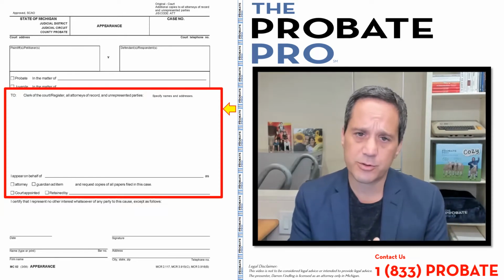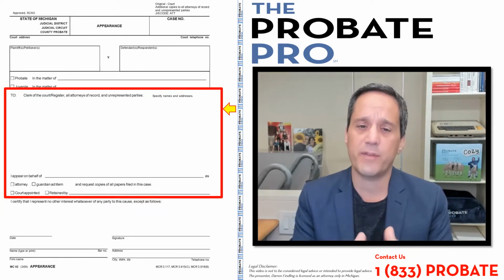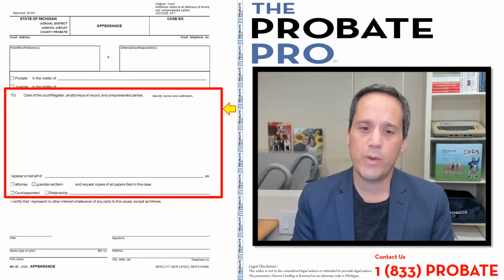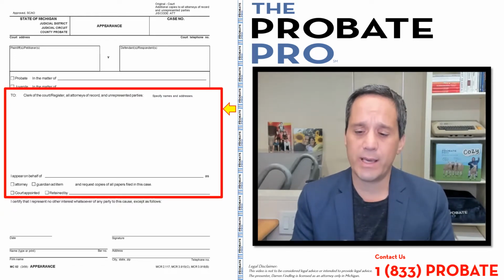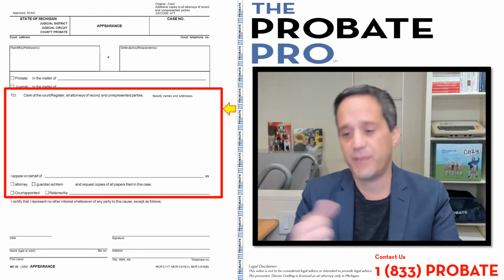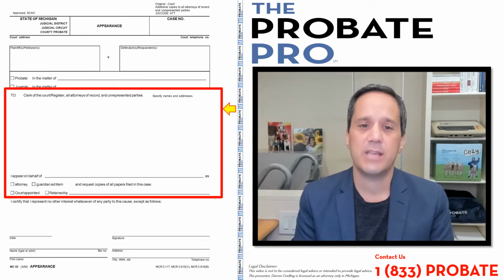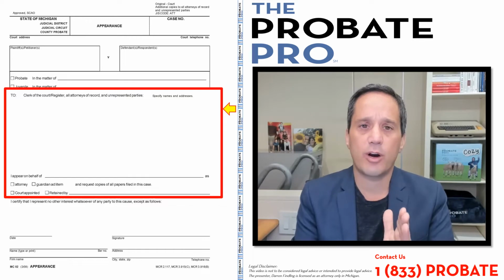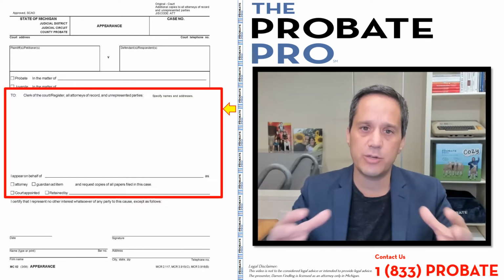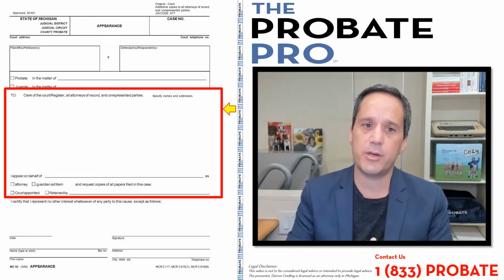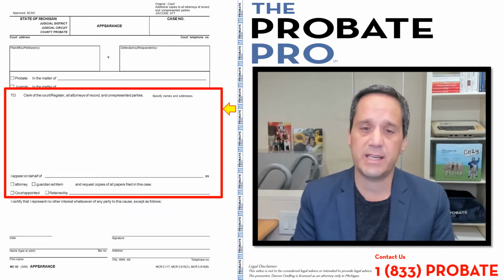So the idea is that there's a court rule here that identifies who are the interested parties within a cause of action. Now, in a civil case, it's the plaintiff and defendant generally. It's pretty obvious. But in a probate proceeding, for example, or a guardianship proceeding, there are court rules, MCR 5.125, that define who are the interested persons who have to be given notice of particular proceedings or filings within that case.